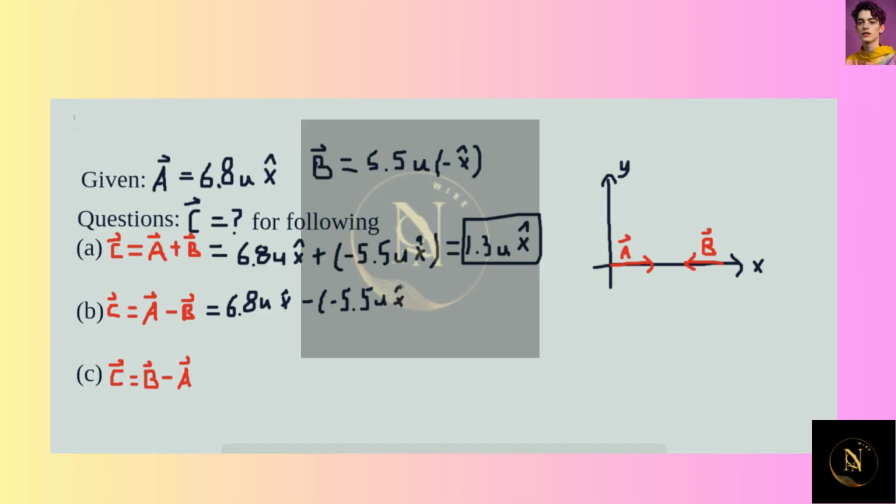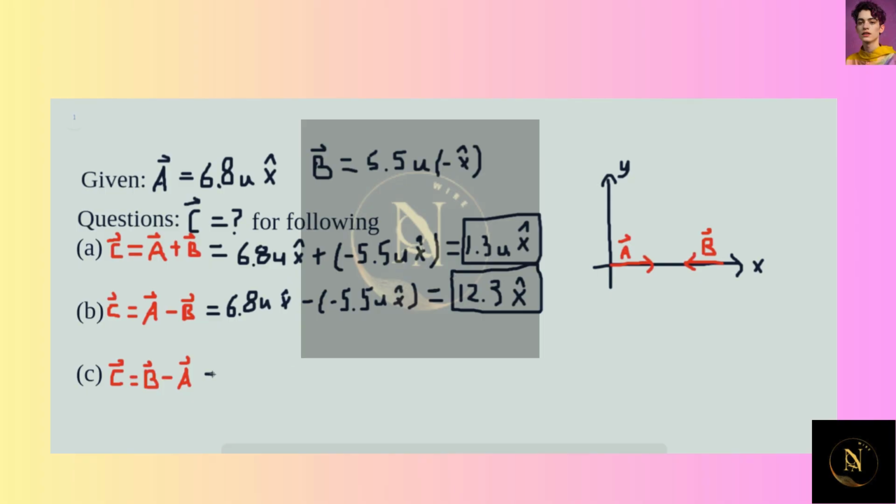Okay, well, minus a minus is the same as plus. So it's going to end up being 6.8 plus 5.5, which gives us 12.3. Okay, 12.3 units, and that's in the plus X hat direction because it's a positive number. Box that in as a solution for B.